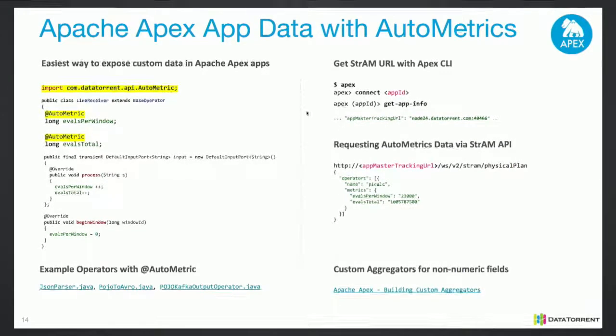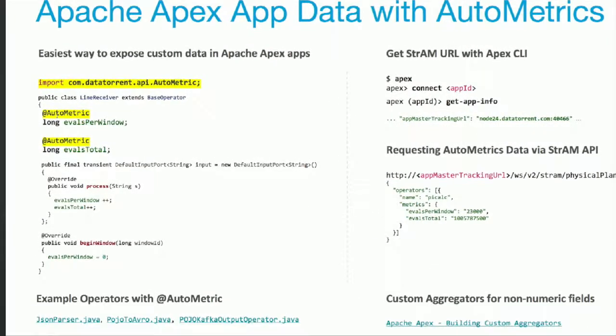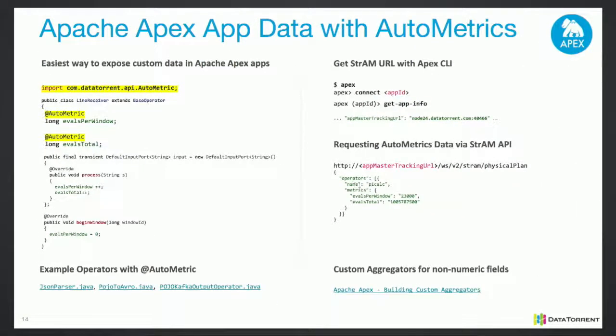So here we have a line receiver operator, which extends a base operator from Apache Apex, and you just add the annotation in yellow, which specifies that this will be an autometric. And as soon as you have done that, the metrics for that particular operator will be available. And of course, these are for basic metrics, maybe equivalent to counters in Hadoop.